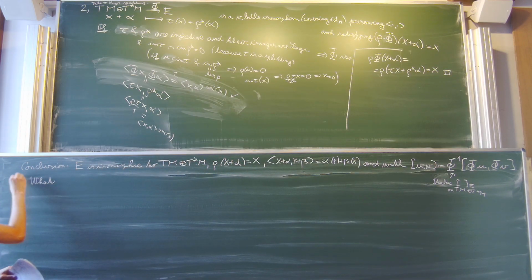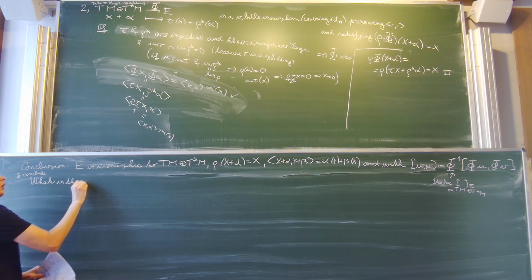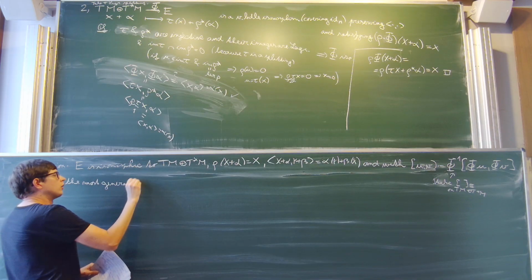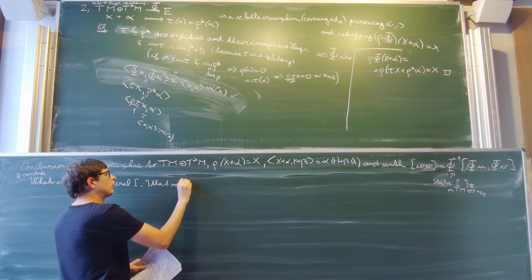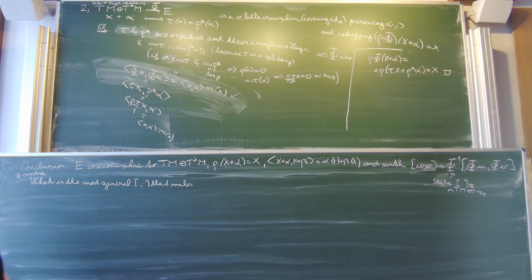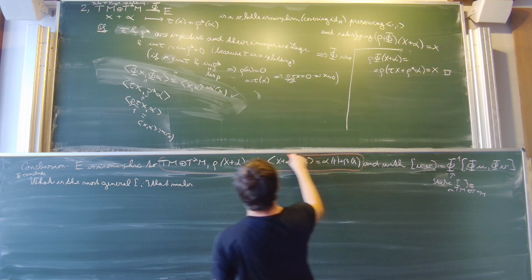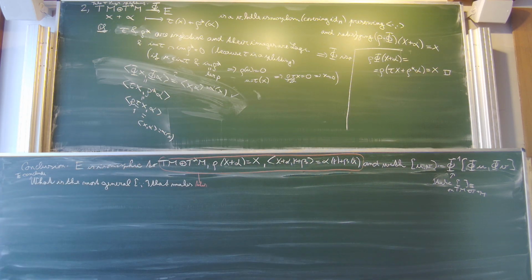So to conclude, what is the most general bracket that makes this into a Courant algebroid?